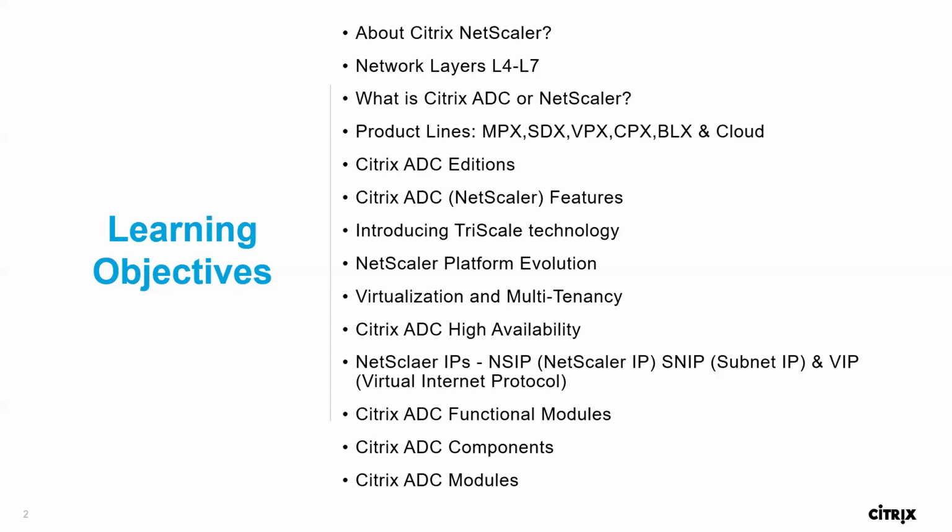Citrix ADC availability features. Also, Netscaler owned IPs: Netscaler IP (NSIP), subnet IP, VIP, functional models, how many components, and how many modules. If you want to learn this course, how many modules are there, and which topics each module covers, I'll explain to you. Clear?